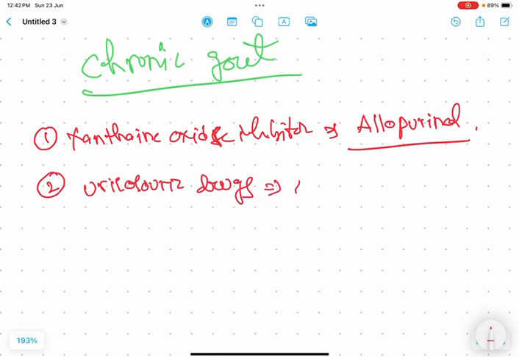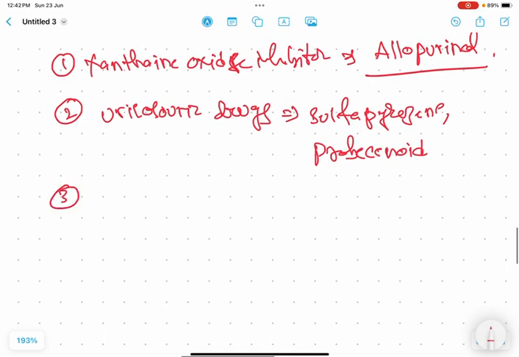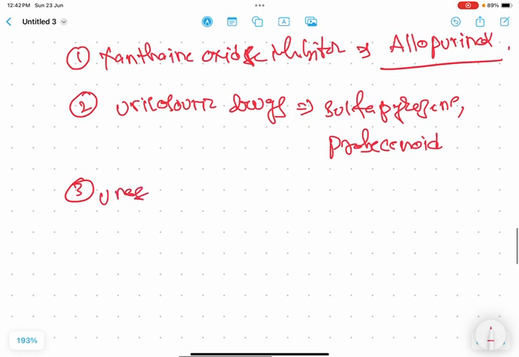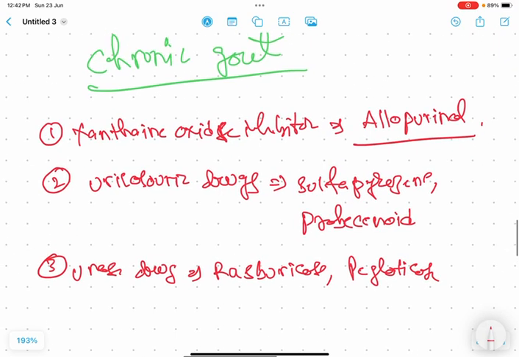The examples are sulfinpyrazone and probenecid. First we will write the drug names and the classification, then we will say how these drugs act. Next, third one is the recombinant uricase drug. The examples are rasburicase and pegloticase.